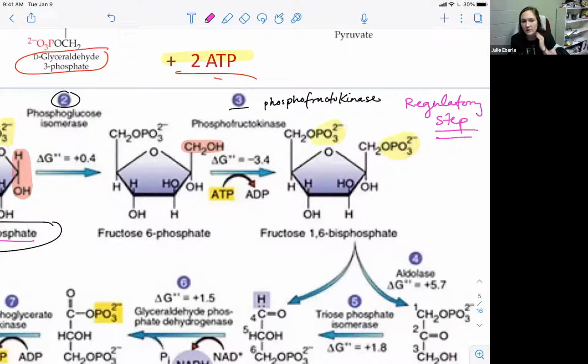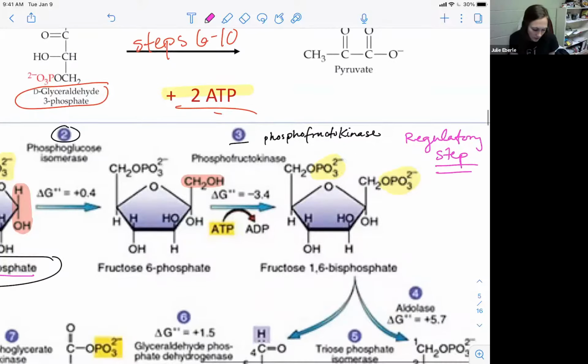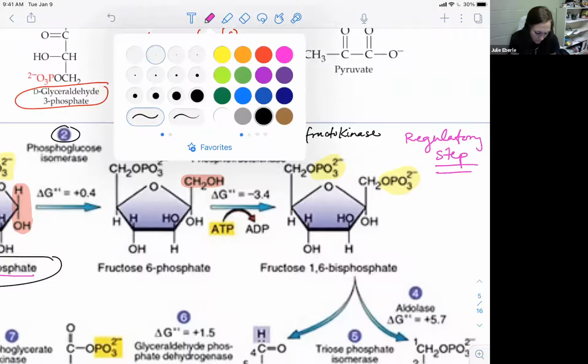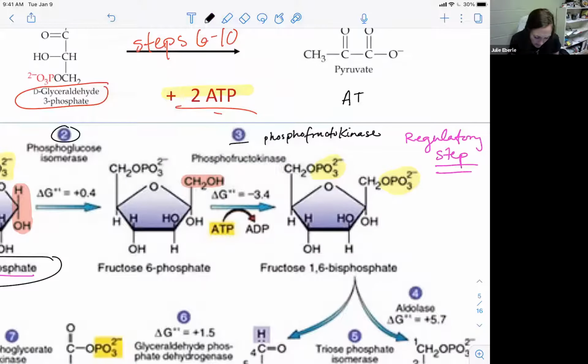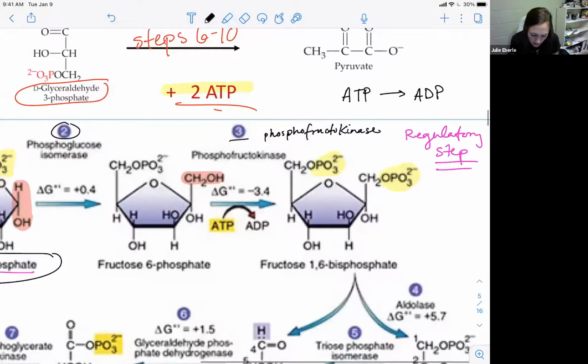So I want you to think about this for a second. ATP in the body, the way we use ATP, I'll draw a picture of this right up above, is we take ATP and we hydrolyze it. We turn it into ADP, or in some cases, you might even see AMP. Anybody know what AMP would stand for?